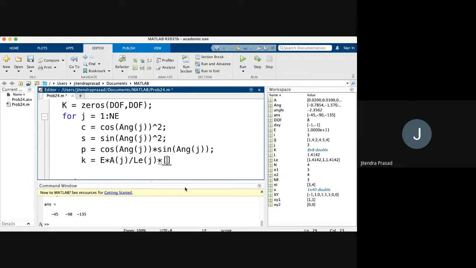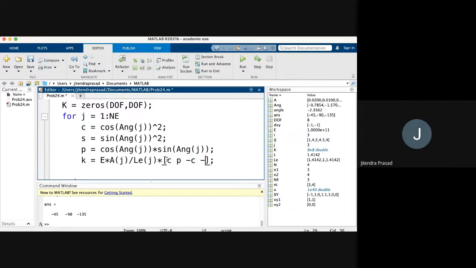Then see what we can do. We know it is a 4 by 4 matrix, and the entries are like c, s, c, product, right?